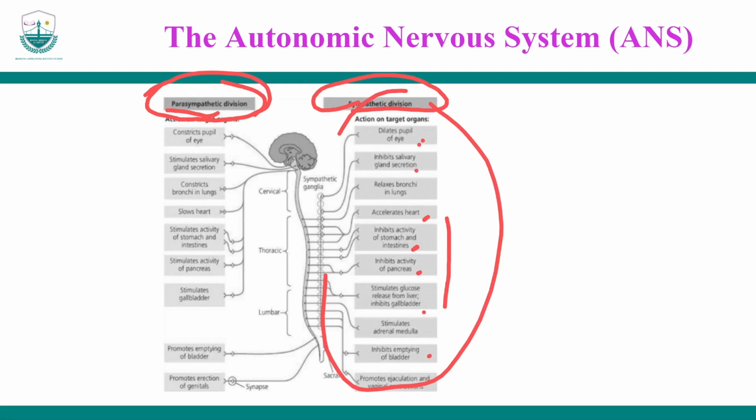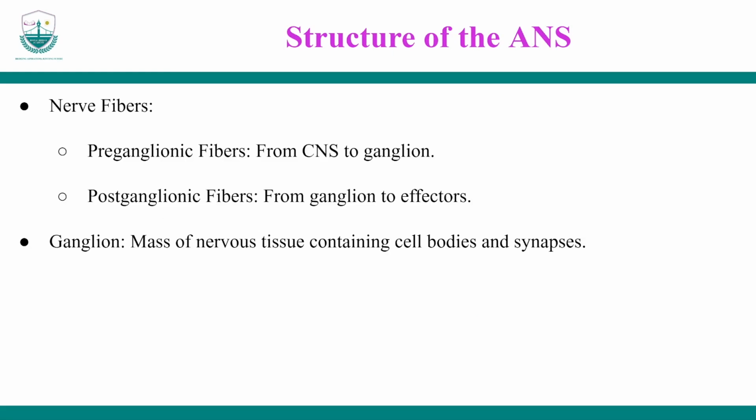We talk about inhibition of salivary gland secretion, then on this side we talk about stimulation of salivary gland secretion, just like that from up to down there. So we have seen the effects of the parasympathetic and the sympathetic nervous system.